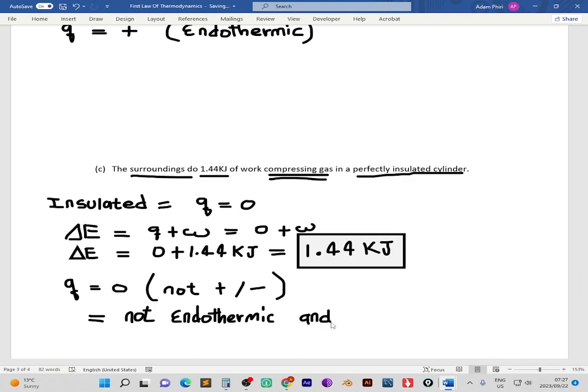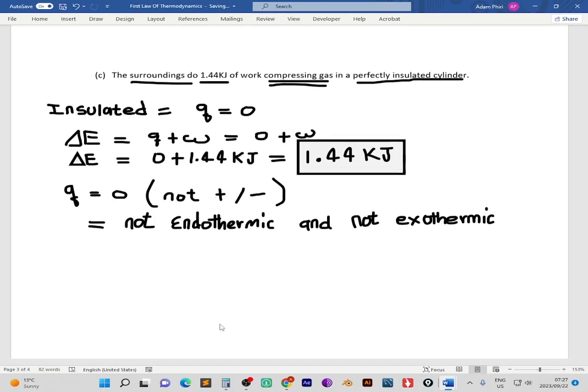That makes sense, because if you look at the problem, it says insulated. Insulation means that heat cannot come in or out. And what system is that? That's an isolated system. It's not a closed system. We have an open system where energy can leave, matter can leave.